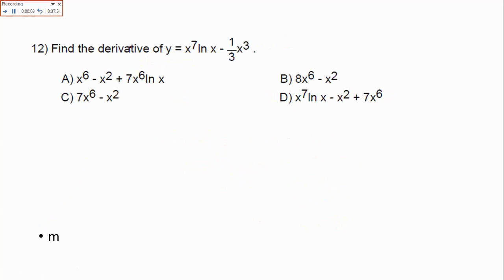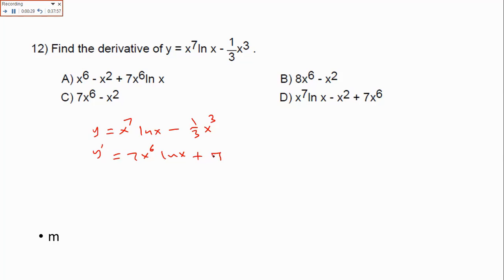Next, find the derivative of y equal to x to the power 7 ln x. So let's say y equal to x to the power 7 ln x minus 1 over 3 x to the power 3. So we'll do the derivative: y prime is equal to, first of all, 7x to the power 6 ln x, and then we do the derivative of ln x.